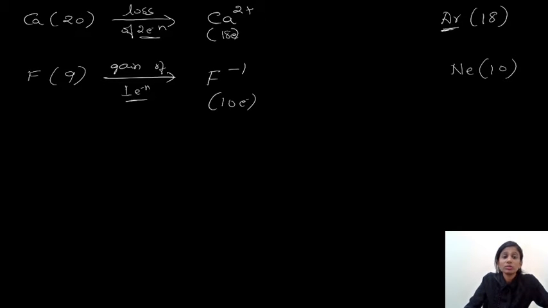So in order to balance these charges, I am going to take 2 fluorine atoms. The 2 electrons lost from calcium are distributed equally between 2 fluorine atoms. So I will take one more fluorine atom, which will also get converted into F minus by gaining 1 electron.